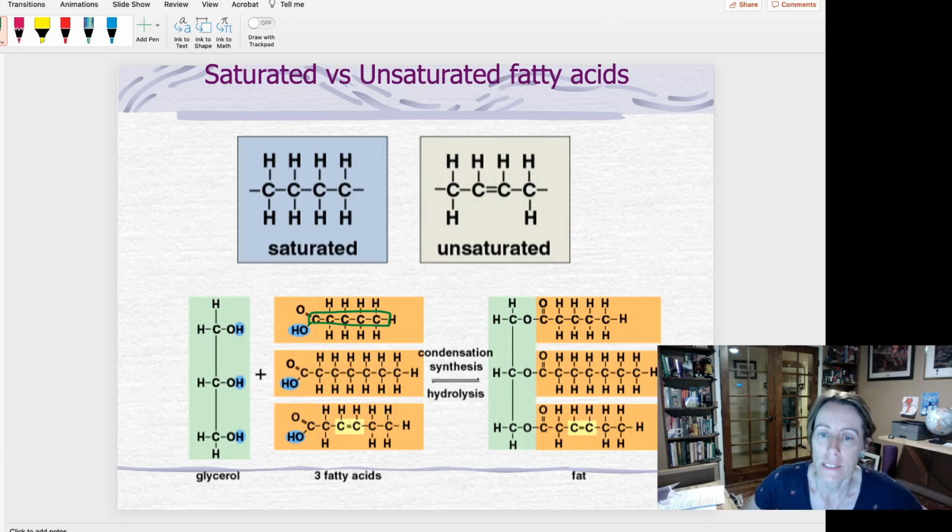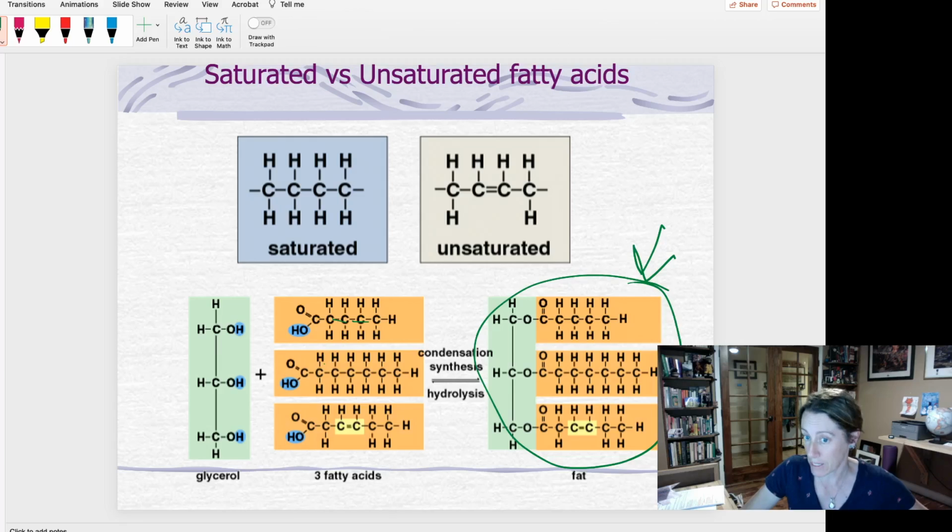So this picture down here, this first one, is a saturated fatty acid. This is also a saturated fatty acid because you can see there's no double bonds and there's hydrogens everywhere around the chain. But this last one is unsaturated because there's a double bond and therefore there's nothing here and there's nothing here. So this is an unsaturated fatty acid, and when it hooks together to make the triglyceride, this is an unsaturated fat.